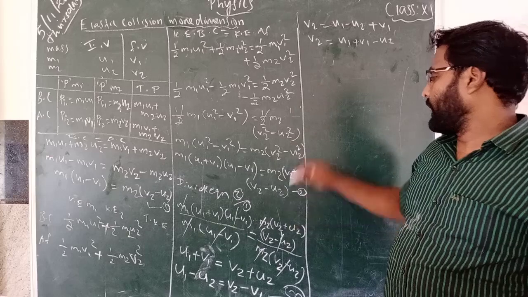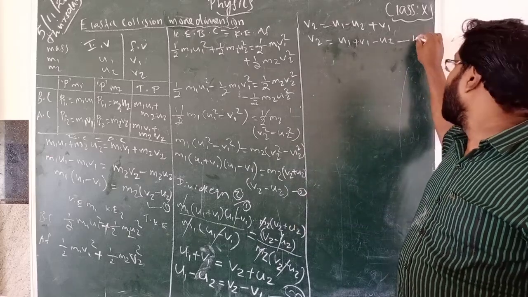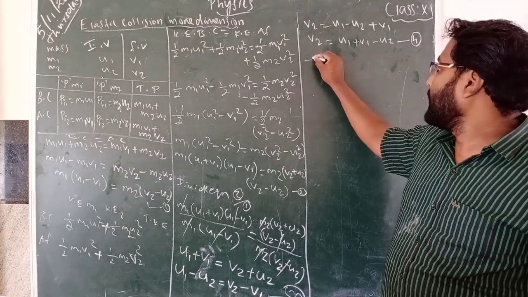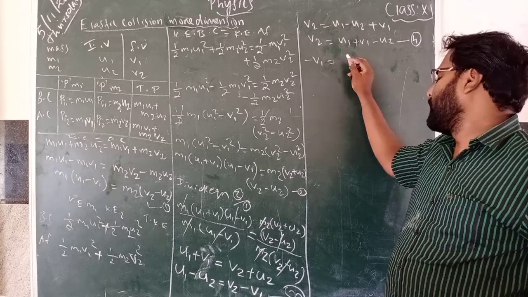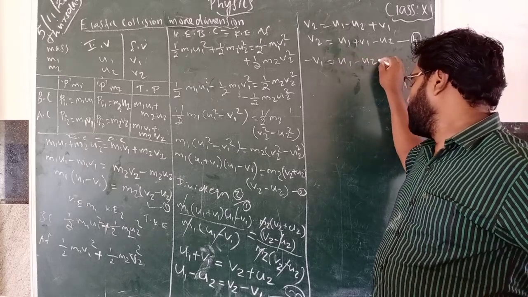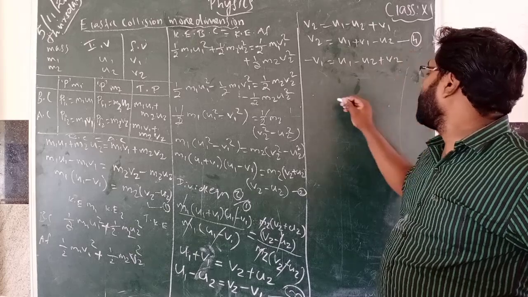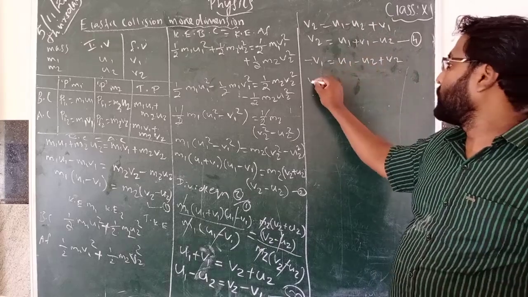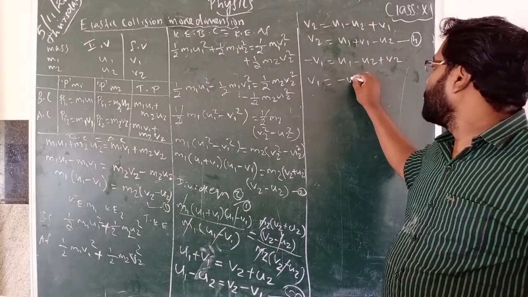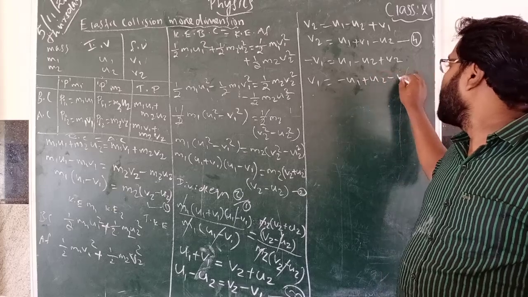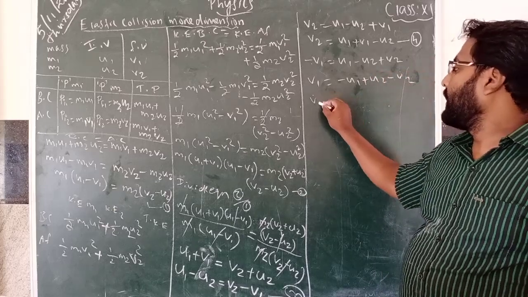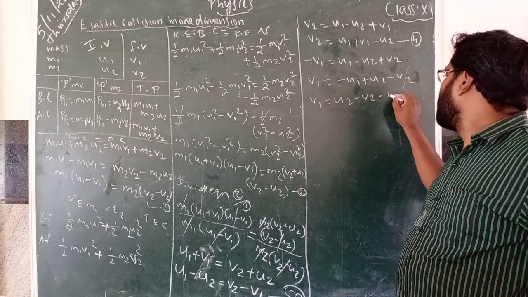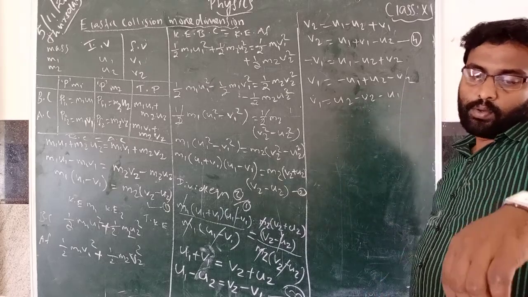The same way, find v1. Minus v1 is equal to u1 minus u2 plus v2, so multiplying with the minus, v1 is equal to minus u1 plus u2 minus v2.